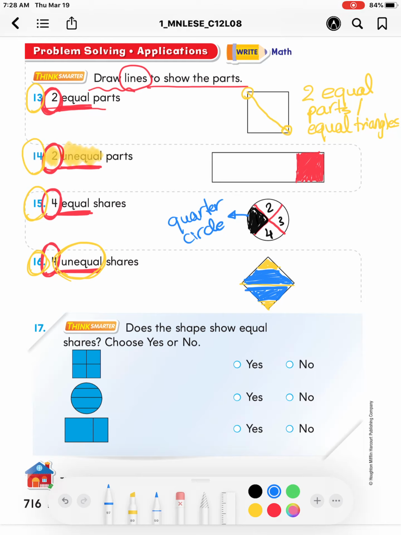Okay, before moving to the next question, I want you to tell me, if I have a circle and it is divided into 2 equal parts, what do we call this part? Good job. This is half circle. Okay.